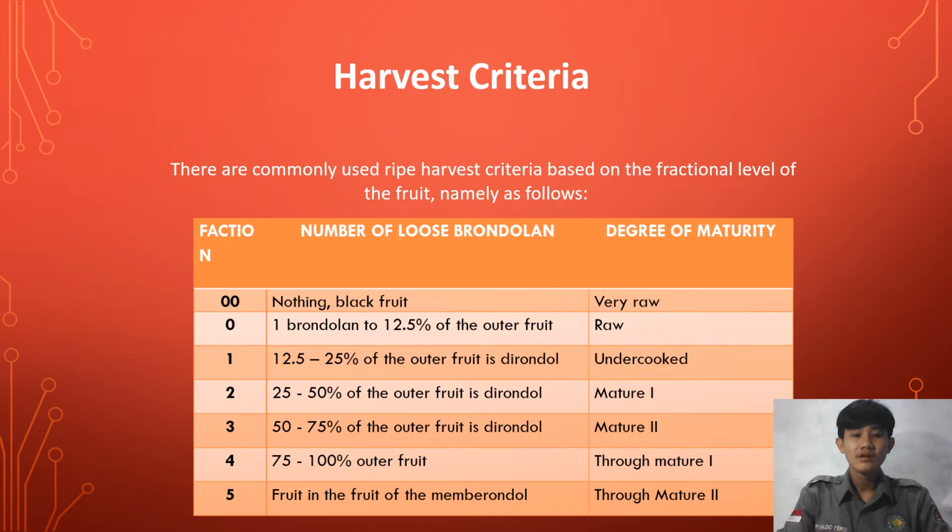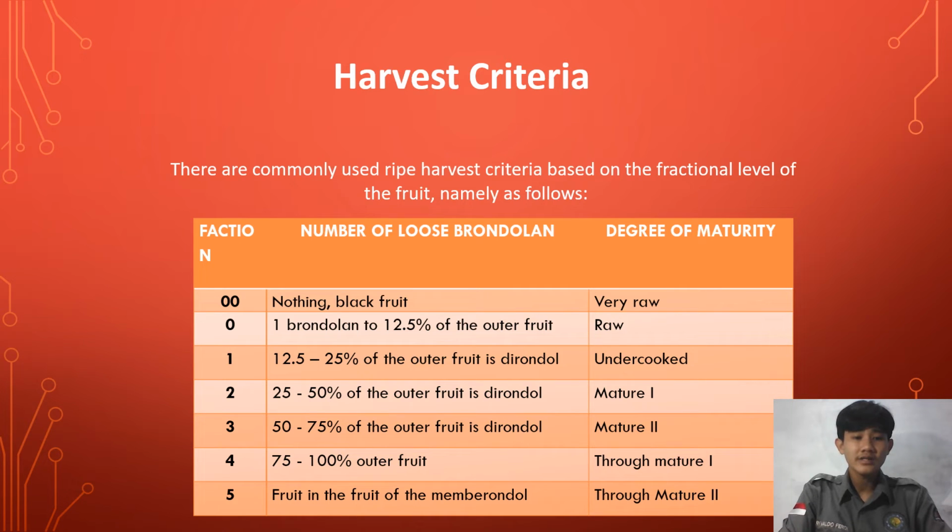Fraction 00 is none or black fruit, for the degree of maturity is very low. In fraction 0, the number of lost brondolan is 1 brondolan to 12.5% of the outer fruit, and the degree of maturity is raw.